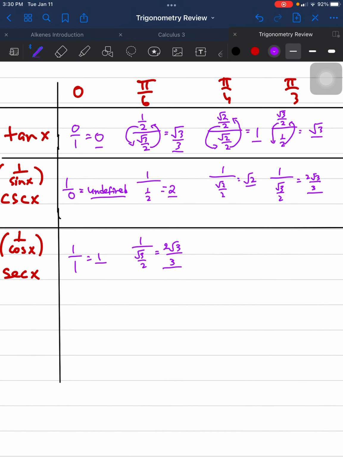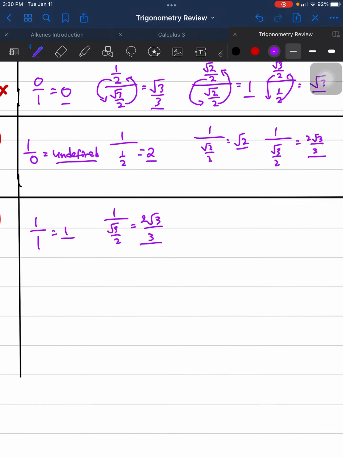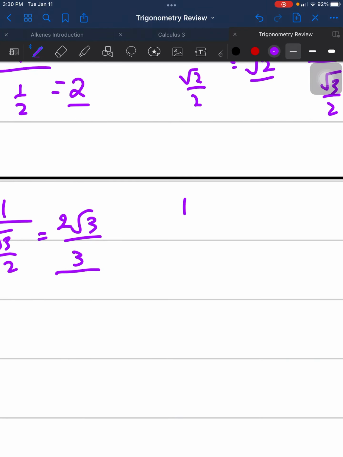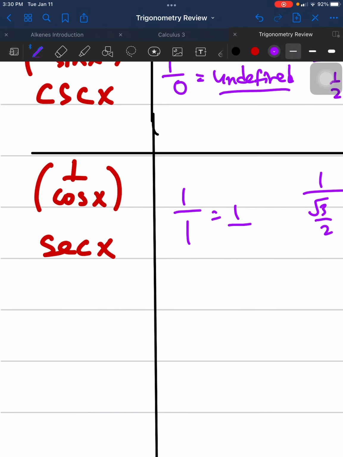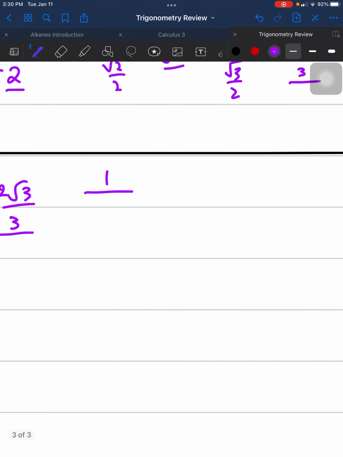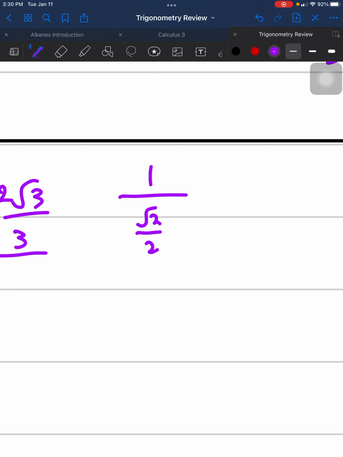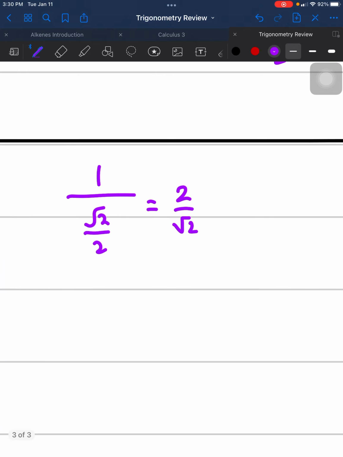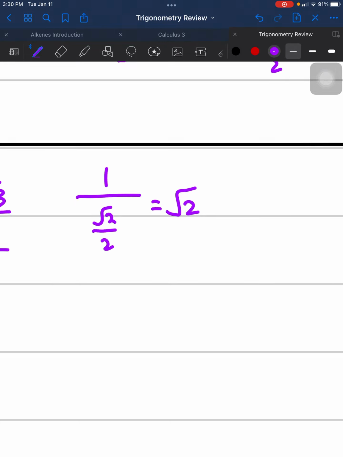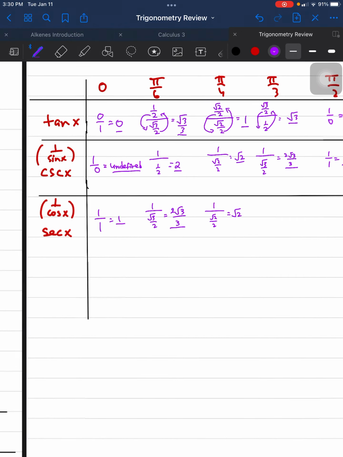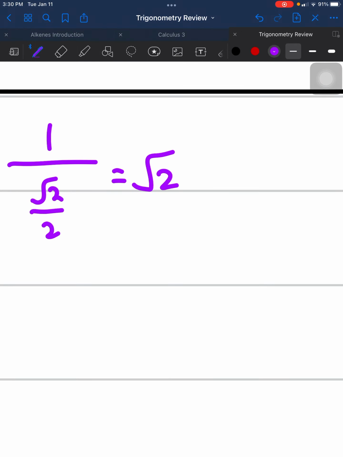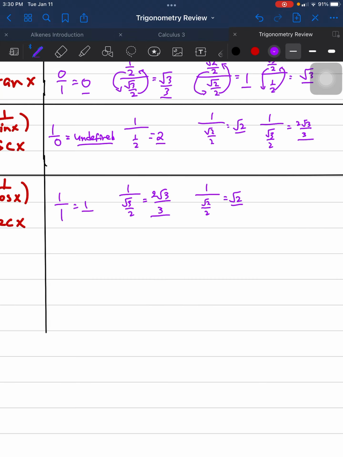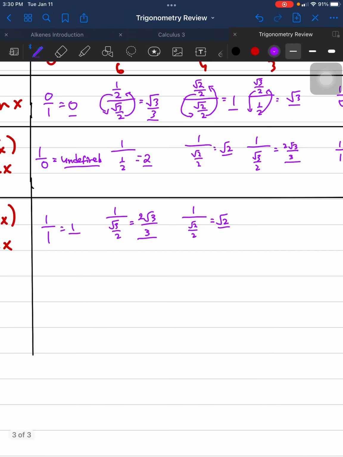Now, for pi over 4, cosine of pi over 4 is radical 2 over 2. And we can simply plug that into the rewritten version of secant, which is 1 over cosine x. So 1 over radical 2 over 2 is 2 over radical 2. And we can multiply by its conjugate and get the value of radical 2. So at the angle of pi over 4, secant x is equal to radical 2.